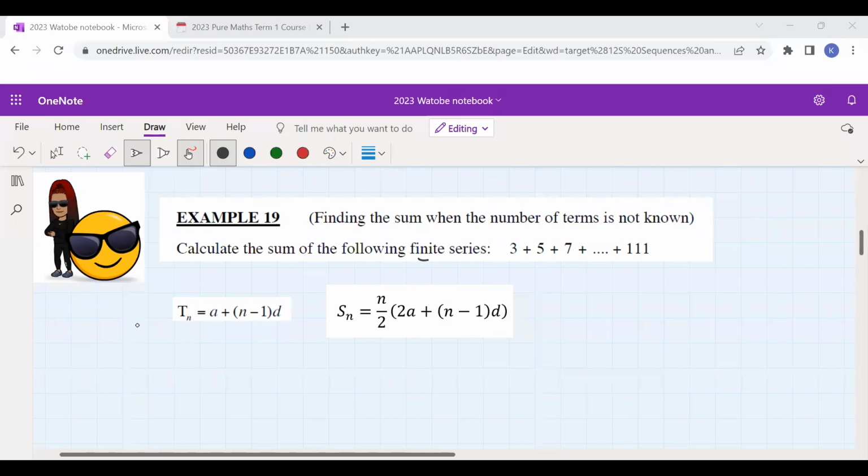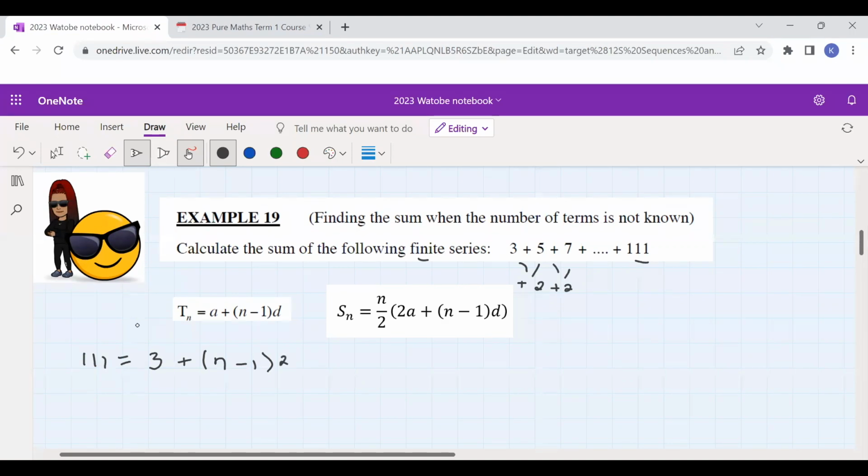I'm glad. Okay, so we're going to say Tn, which you already know is 111, because that is our final term of the sequence. So we want to know what's the final term of the sequence. Tn is equal to a plus (n minus 1), which we don't know at this moment. And how much is the constant difference? We're adding 2.